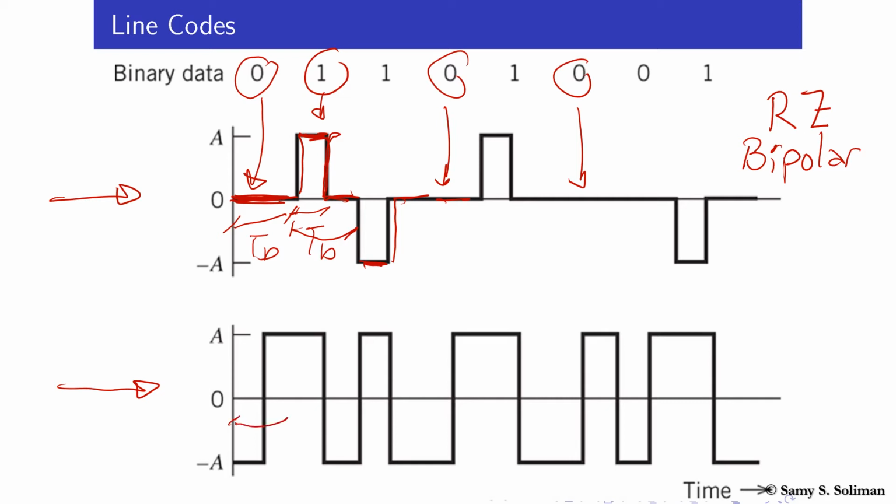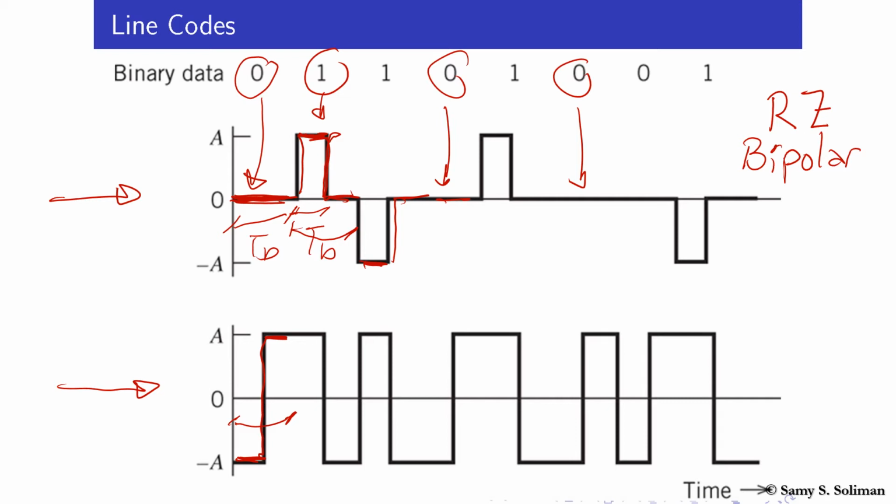For the first TB, which represents bit 0, the signal has an amplitude of negative A volts for half the bit duration, and then it rises to positive A volts for the other half of the TB duration.